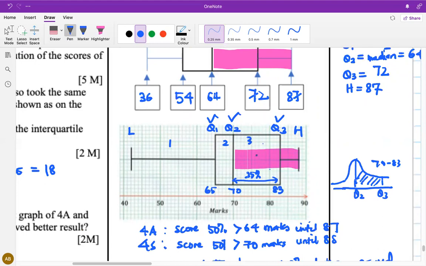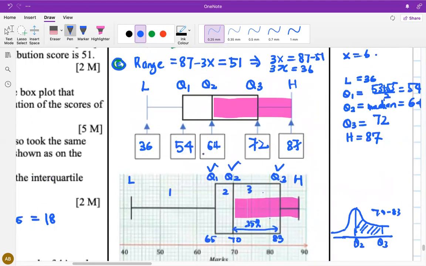They score 25% between 70 to 83 here. So here will be another indicator that 4S scored better than 4A. You can compare here 64 to 72 marks. It will be 25% here. Right, you can see 62, 72. Here is then another 25% scoring between 72 and 87.